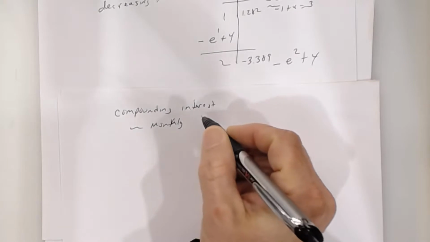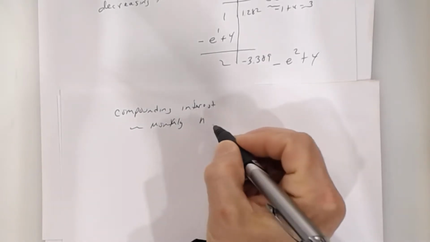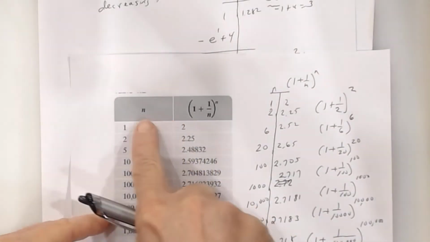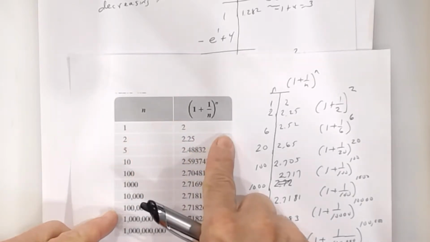And I'm going to use the letter N, because you remember in that formula we were using earlier, this expression here, what was my variable? N, and N represented time there.